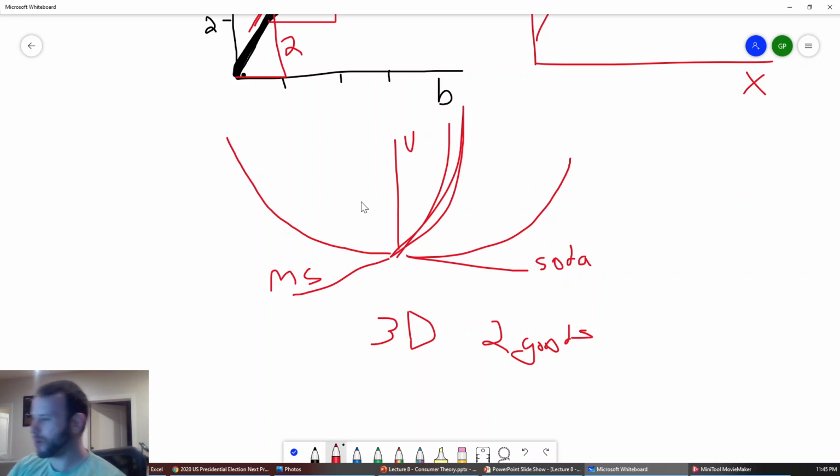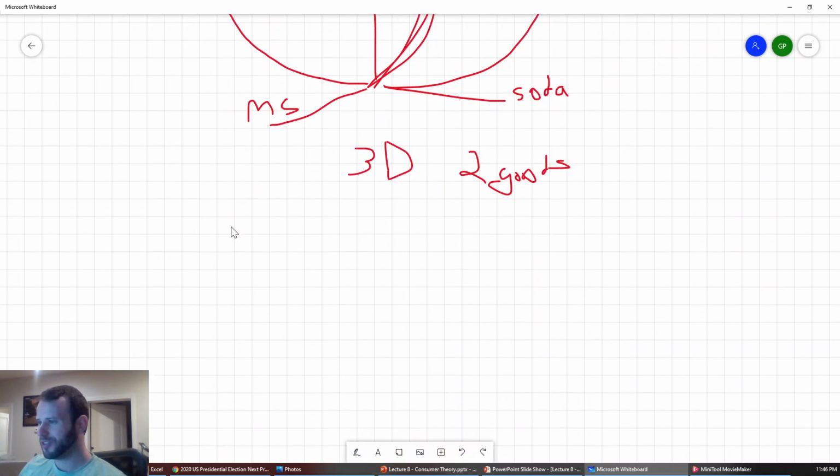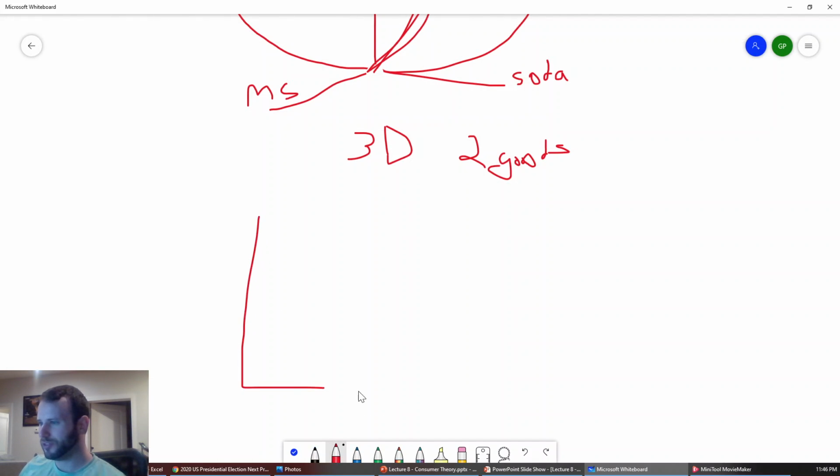We typically want a much easier way of representing your utility over two goods as a two-dimensional function, because 2 dimensions is kind of where it's at. This is just something we do to simplify things. When I say simplify, I just mean simplify the visual representation. You're not making any additional assumptions, but you can boil a three-dimensional graph into a two-dimensional graph using what's called a contour map.